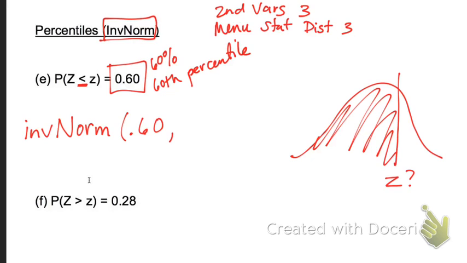The mean is still 0, and the standard deviation is still 1. We have to write it out. Yes. So what do you get? 0.25.